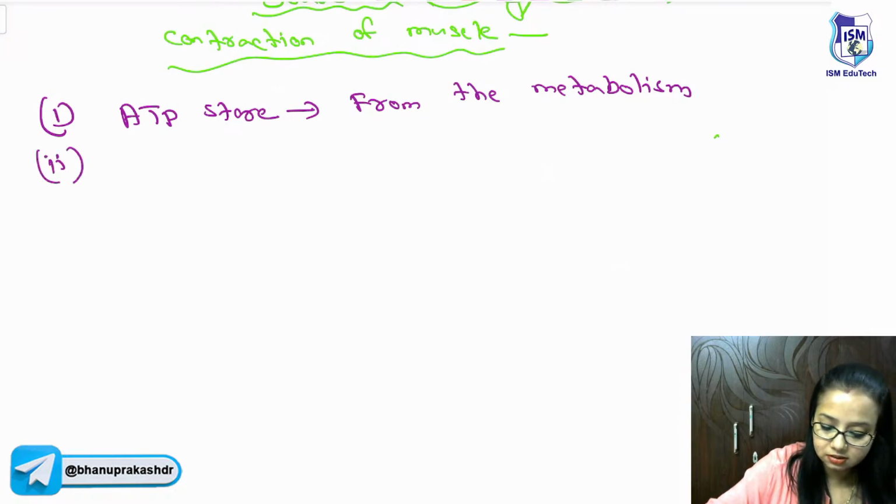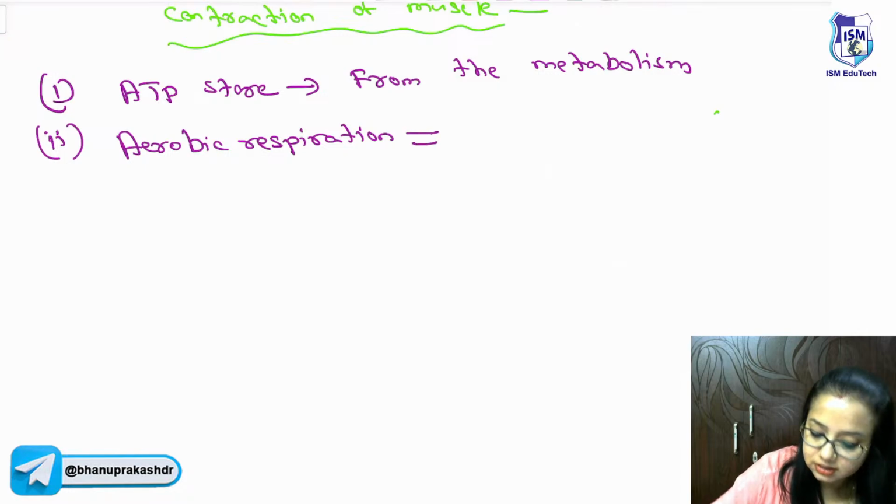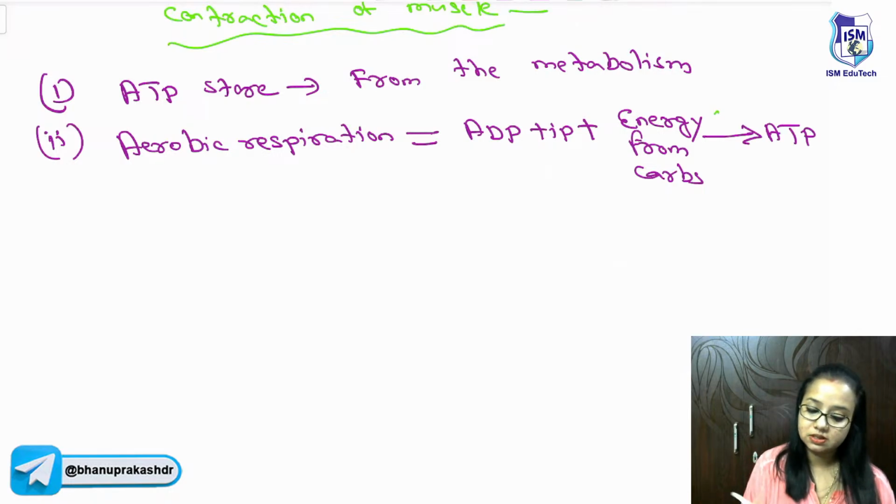Second source is aerobic respiration of the cell, or aerobic glycolysis. So it is ADP plus inorganic phosphate plus energy from carbohydrate, which forms the ATP.